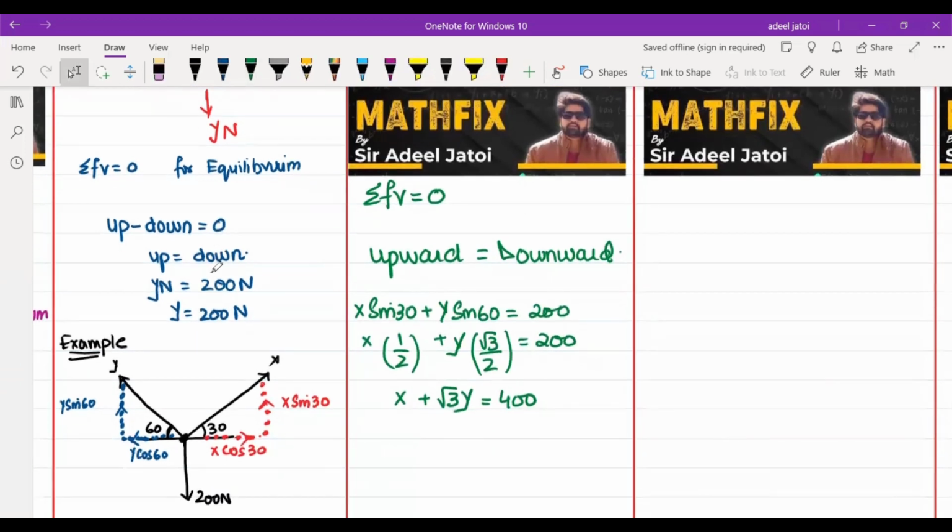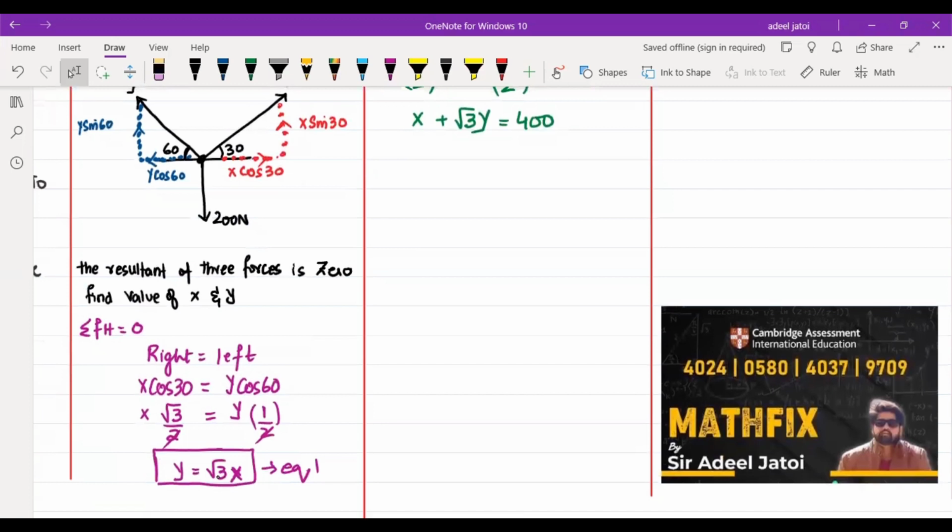We now know that in the first equation, we already had the equation of y, that y was under root 3x.